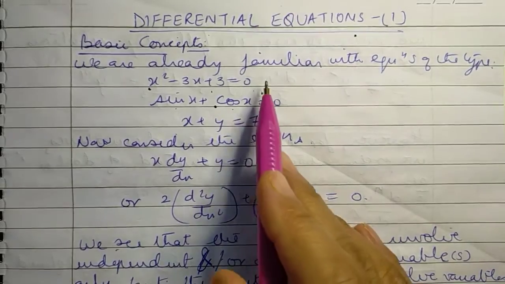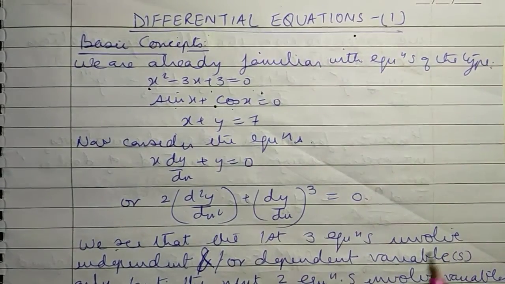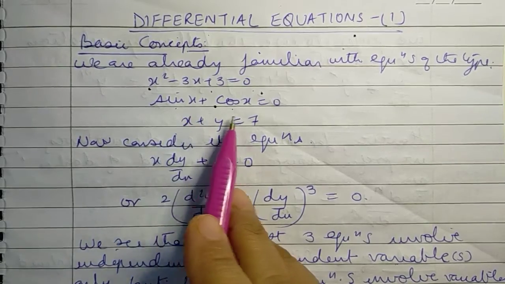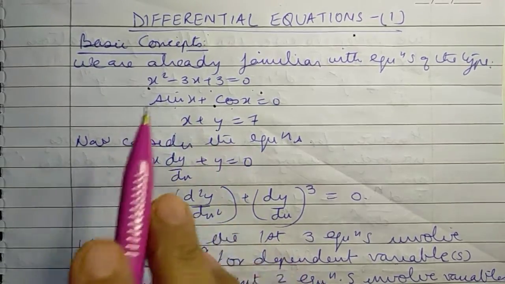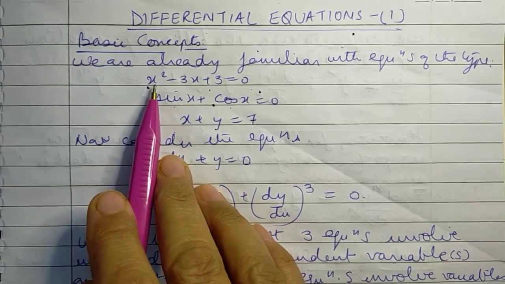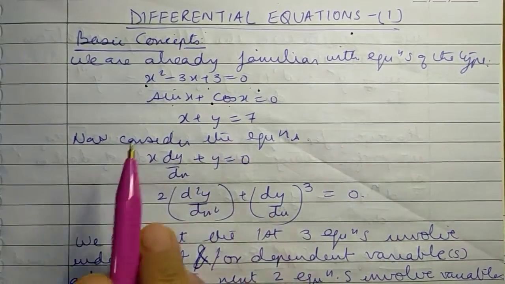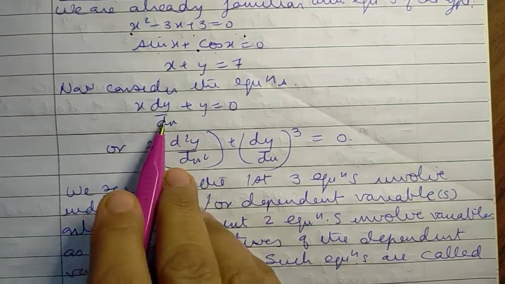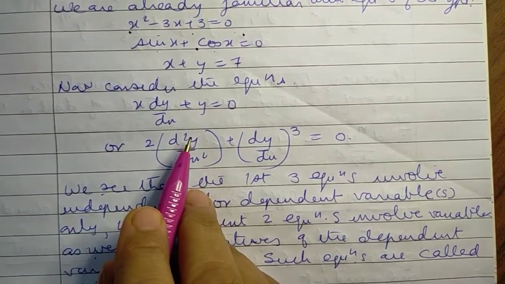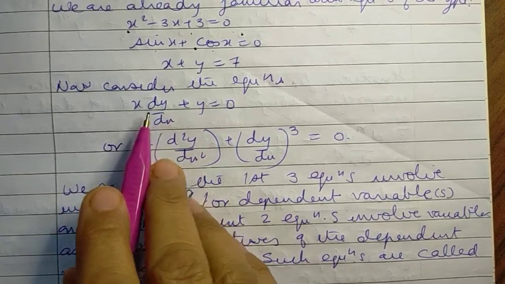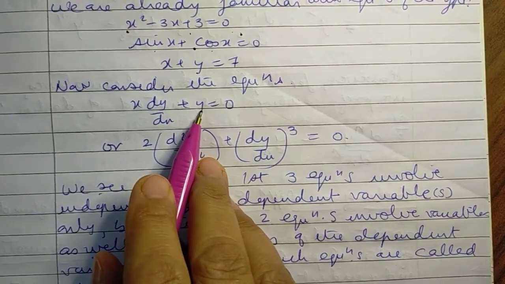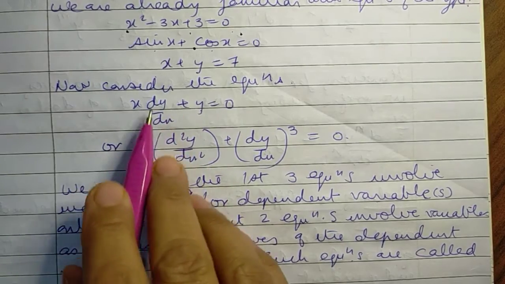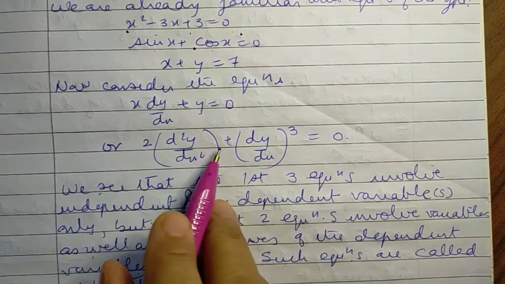Now we notice that though the first three equations involve dependent variable, which is sin x or cos x or y, or independent variable, that is x, and some constants only. The fourth and the fifth equations involve, along with the dependent variable which is y and the independent variable which is x, they also involve derivatives of various orders.